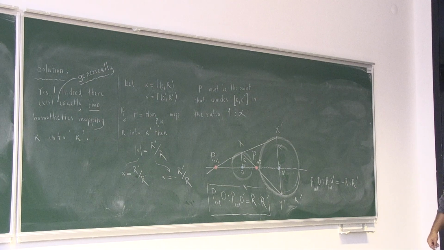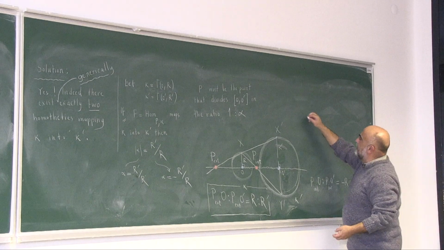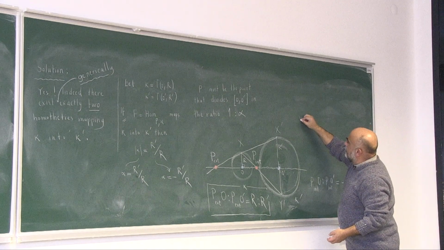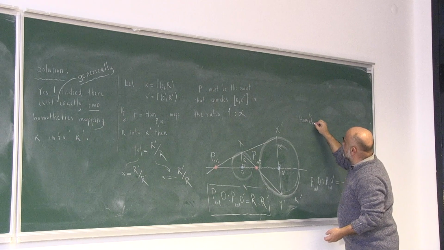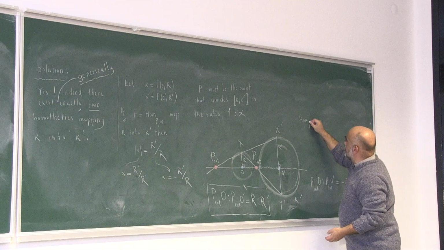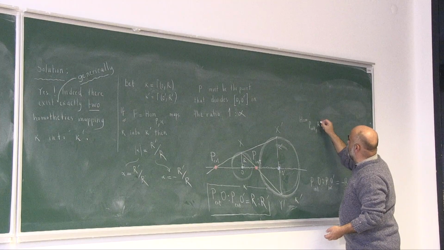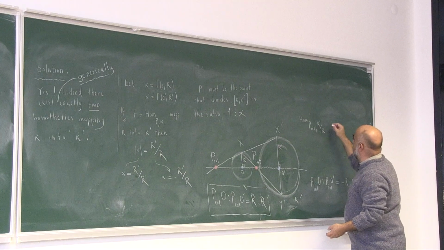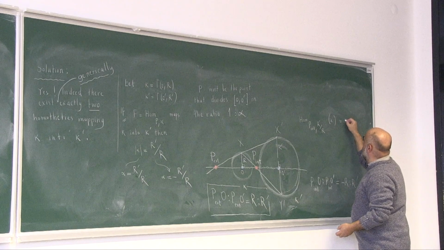Now that is, well, it's finished. So in fact, if you take the homothetic with center Px and ratio of similitude r prime over r, then this sends kappa into kappa prime.